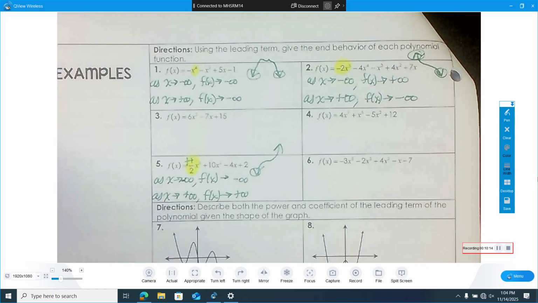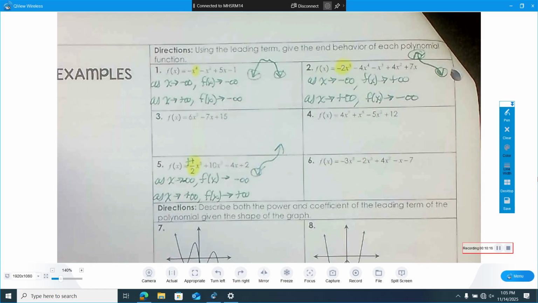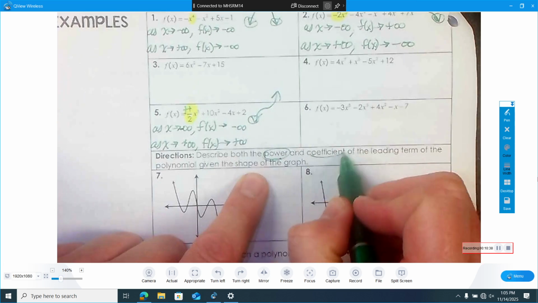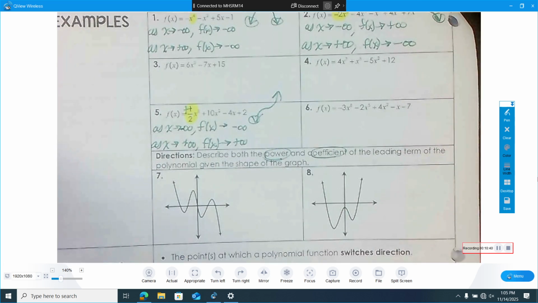You good? Yeah? Okay. Now, here's something kind of interesting. Describe both the power and the coefficient of the leading term of the polynomial given the shape of this graph. Interesting. What are you feeling about this one? First of all, describe both the power and the coefficient. The power and the coefficient are what we're looking for.